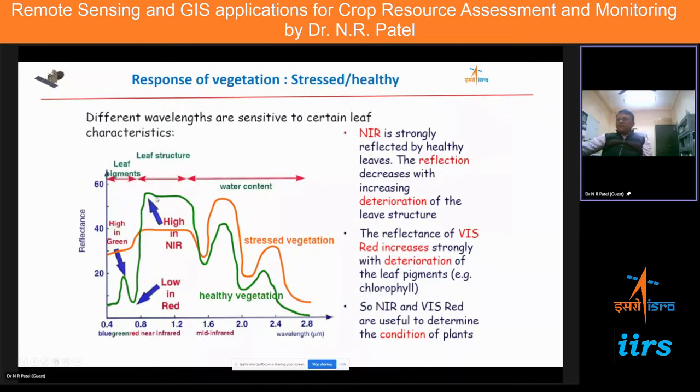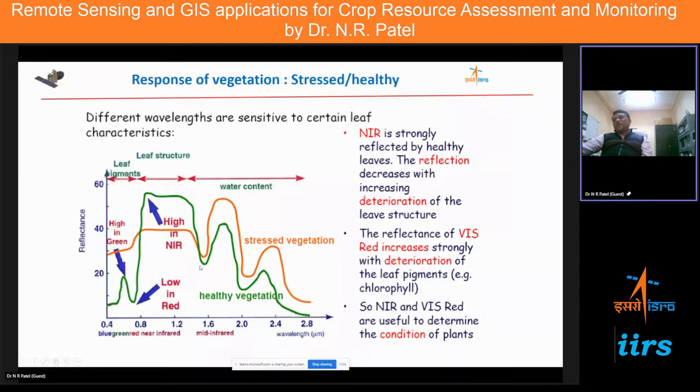But in NIR, if the cell wall is healthy, its scattering in the NIR region is more, because multiple scattering takes place at the cell wall interface. So healthy cell wall, healthy structure, more scattering. If it is stressed vegetation, the cell wall gets ruptured. As a result, scattering may not take place, so reflectance will go down.